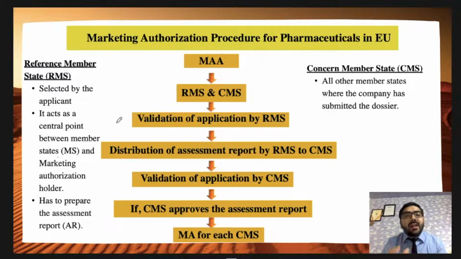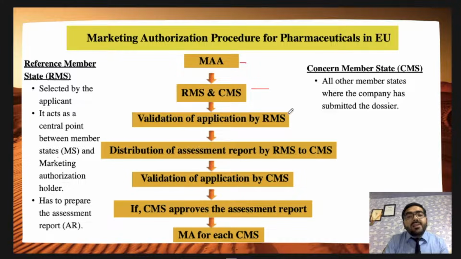So it acts as a center point between the marketing authorization holder and the member state, and it has to prepare the assessment report. Whatever application the applicant filed, the RMS has to assess it and let the CMS know. Okay, so the MAA, the application, goes to the RMS and CMS.